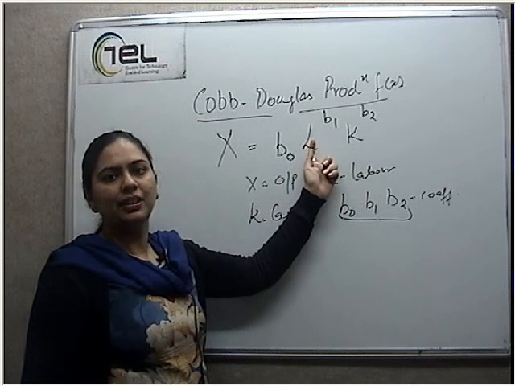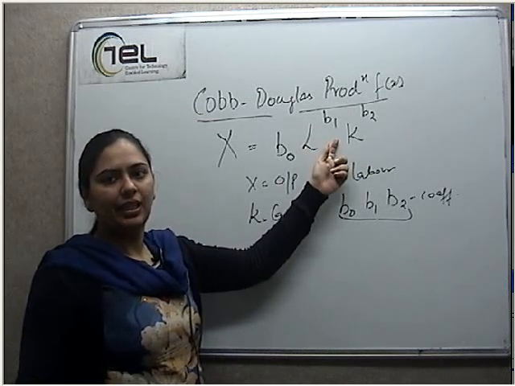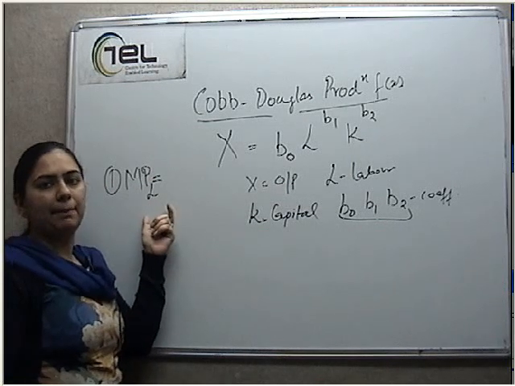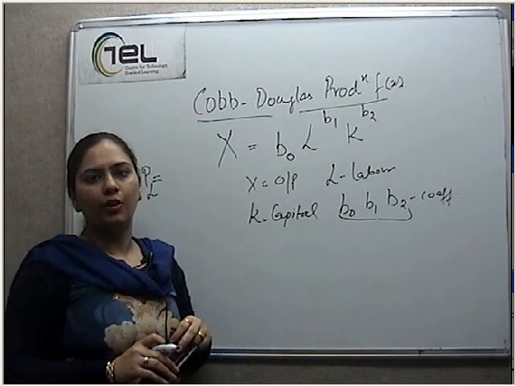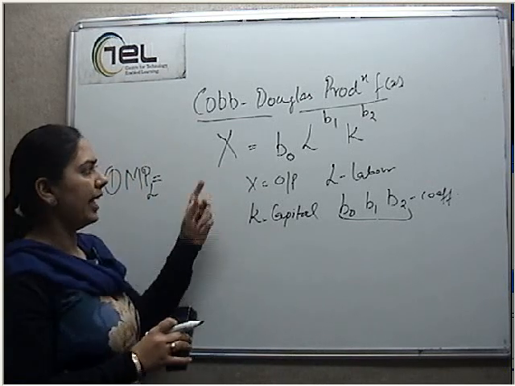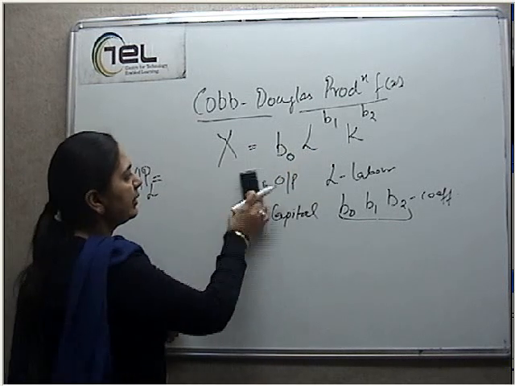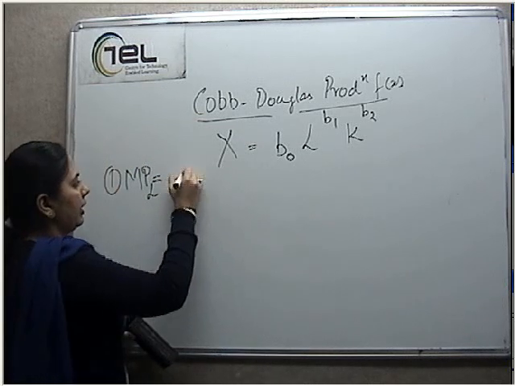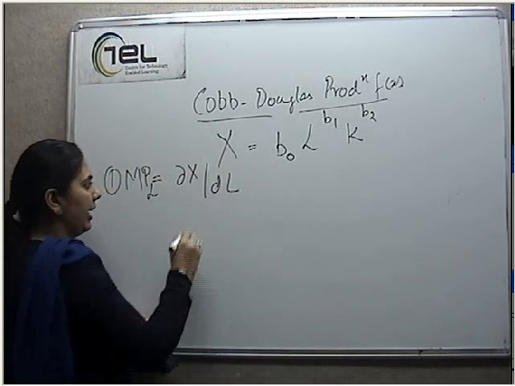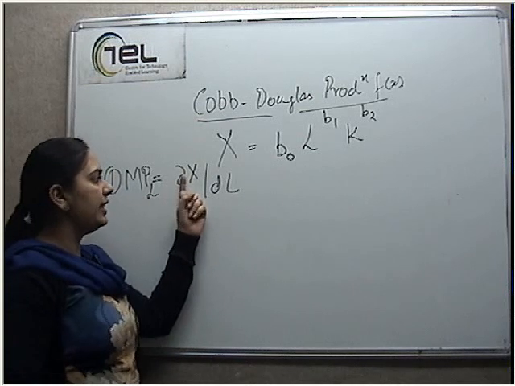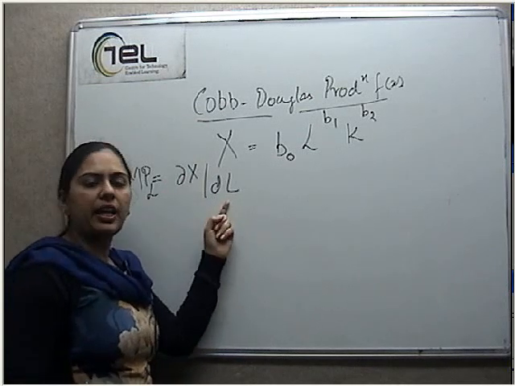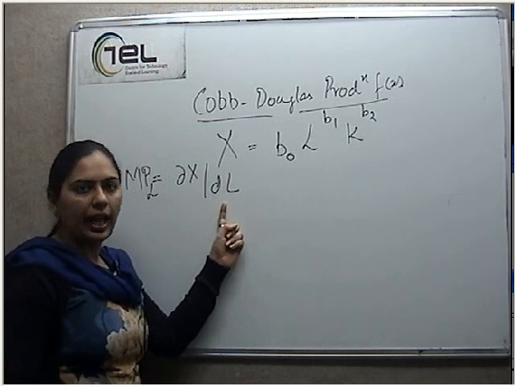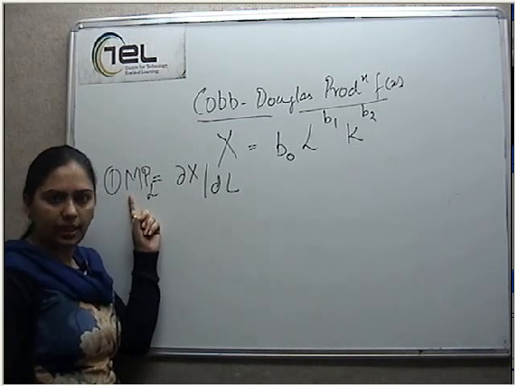L refers to labor and K refers to capital. So the marginal product of labor, that is MPL, we will first derive from this production function, X is equal to B naught L to the power B1 K to the power B2. As the formula says, MPL is dx by dL. That is, when I differentiate x, that is output, with respect to L, I get MPL.